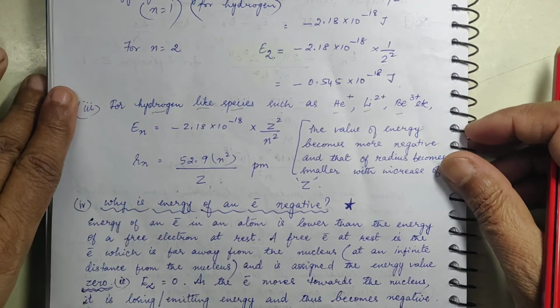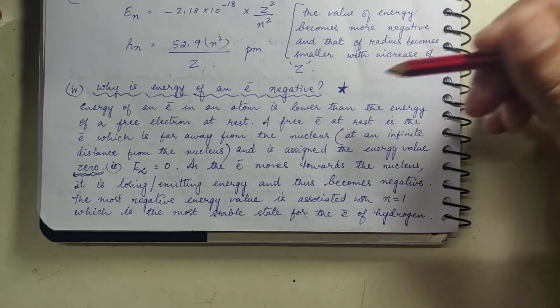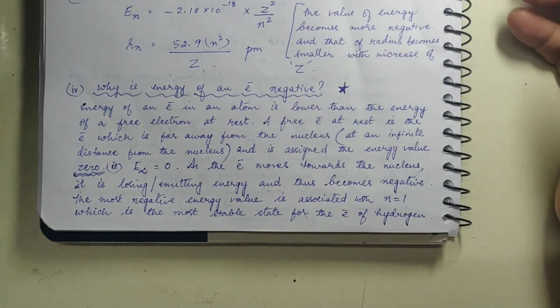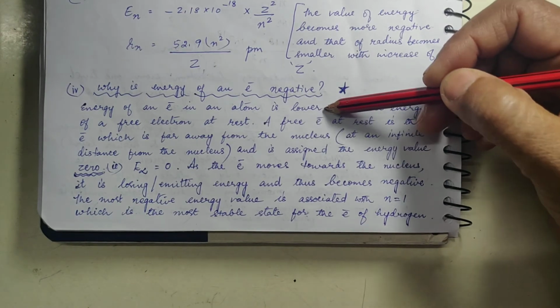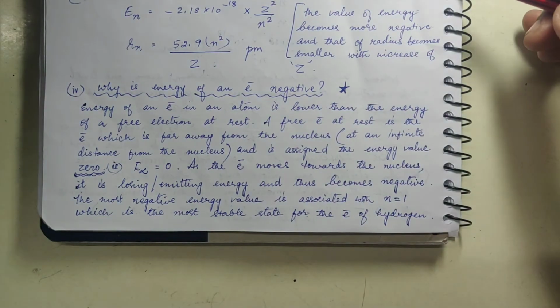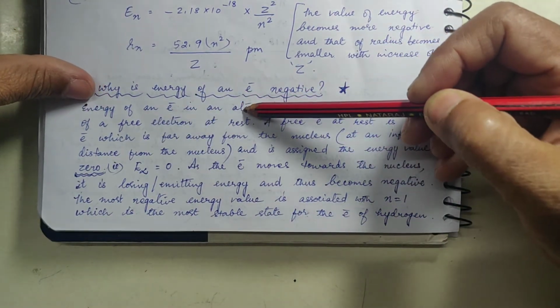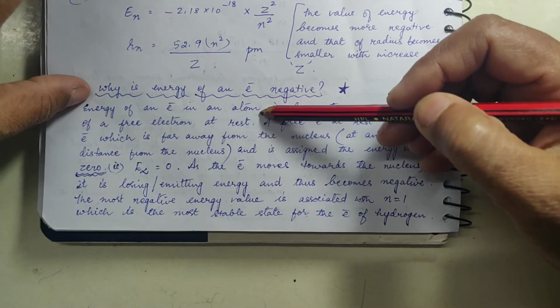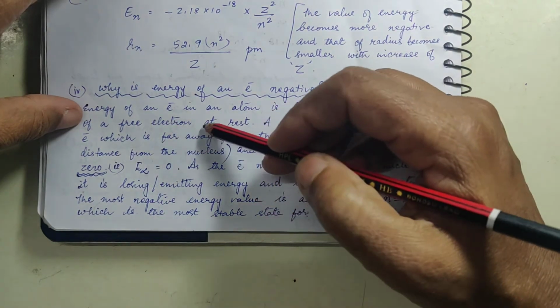Now the next point under this is, why is the energy of an electron negative? Energy of an electron in an atom is lower than the energy of a free electron at rest. An electron which is bound in an atom has an energy which is lower than the energy of a free electron at rest.